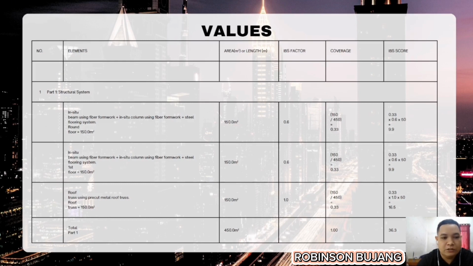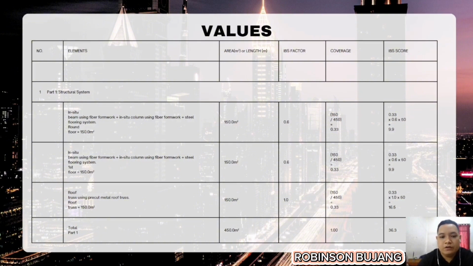We have in situ beam using fiber formwork plus in situ column using fiber formwork plus steel flooring system, each for ground floor and first floor. For both we have the same area, which is 150 meter square, and the same IBS factor, which is 0.6.